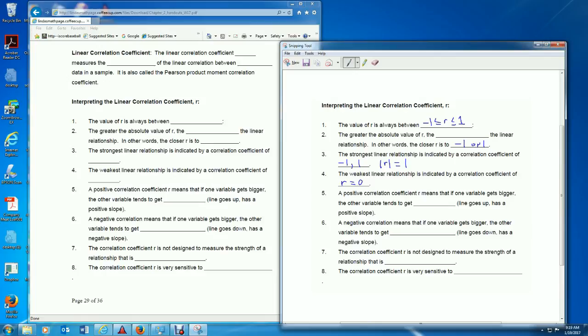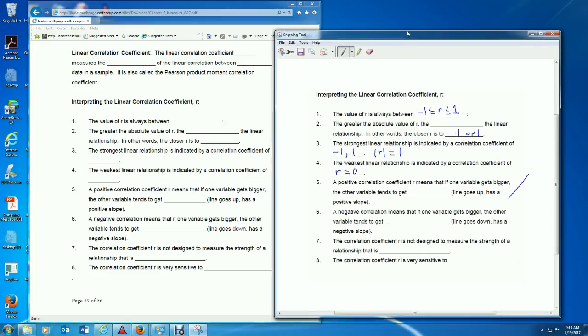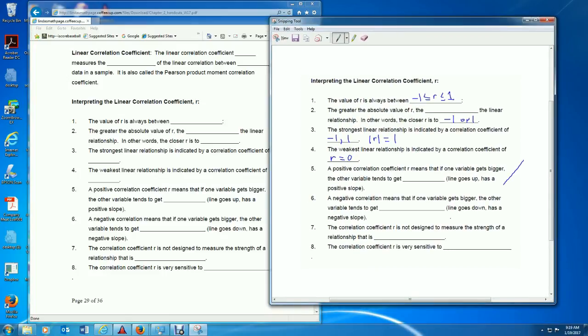If it is positive, it means that if one variable gets bigger, the other variable tends to get bigger also. In other words, the line is going up. It has a positive slope. A negative correlation means that if one variable gets bigger, the other variable tends to get smaller.